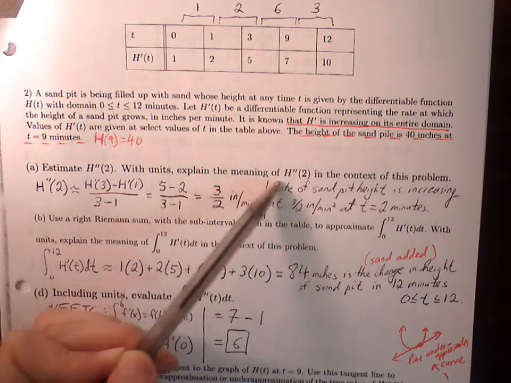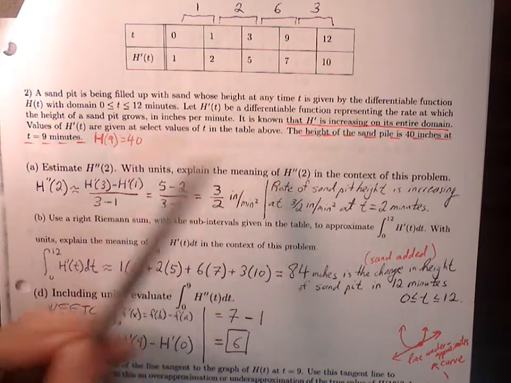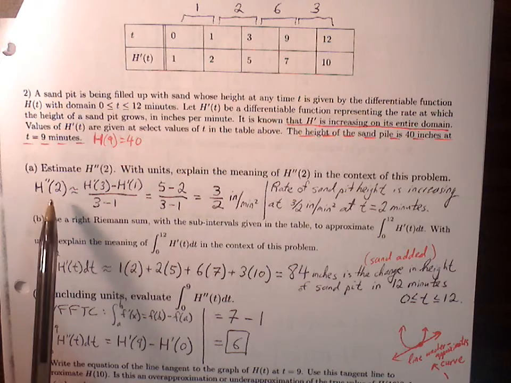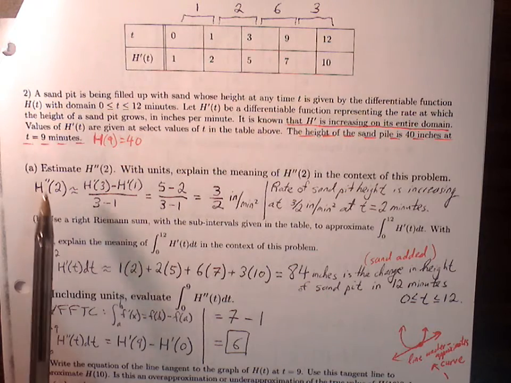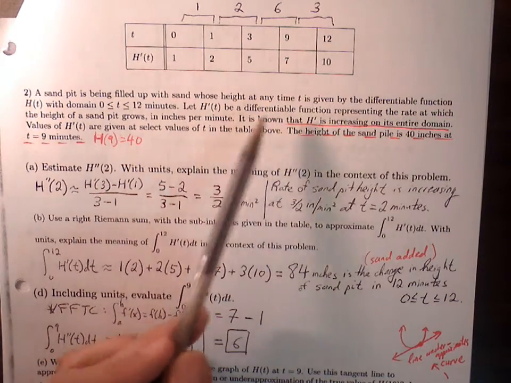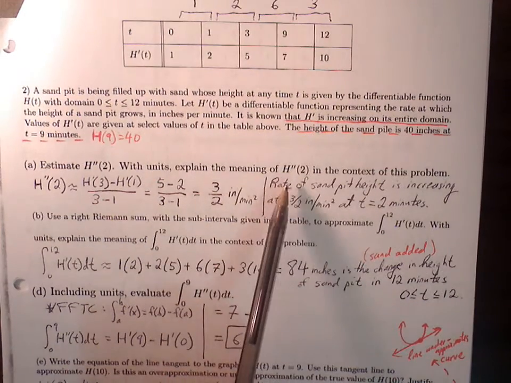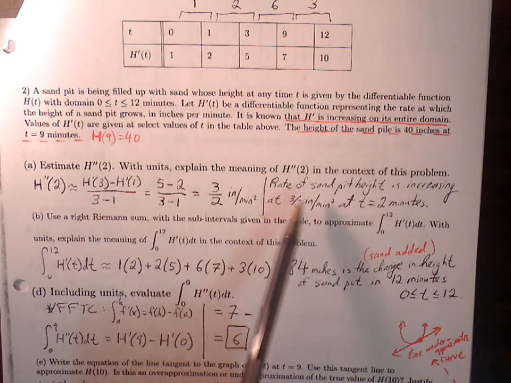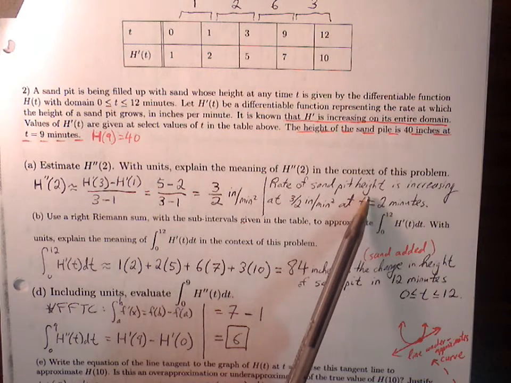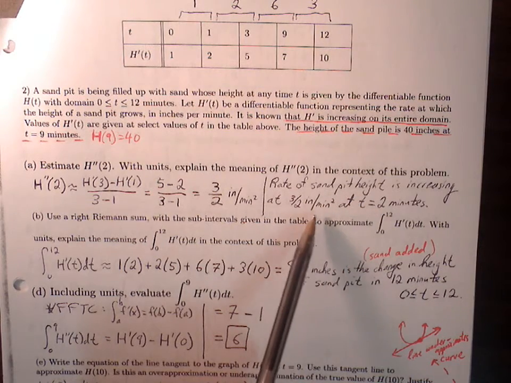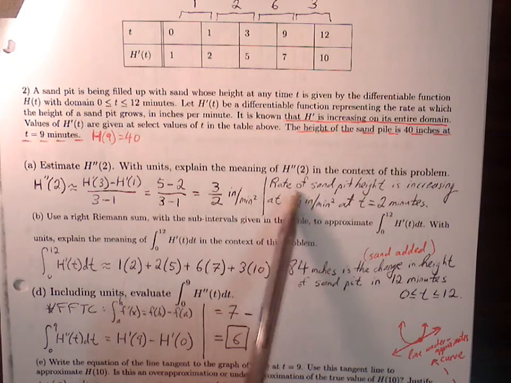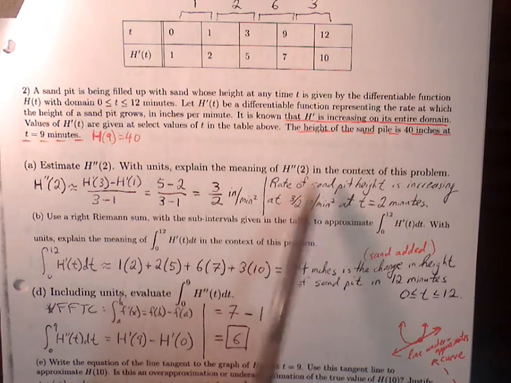All right, explain the meaning of h double prime of 2. Now, h double prime of 2 is talking about whether the rate is increasing or not, right? And here we're getting a positive value, so this tells us that the rate at which the sand pit height is increasing, or basically the rate of the sand pit height, which is represented as h prime, is increasing.